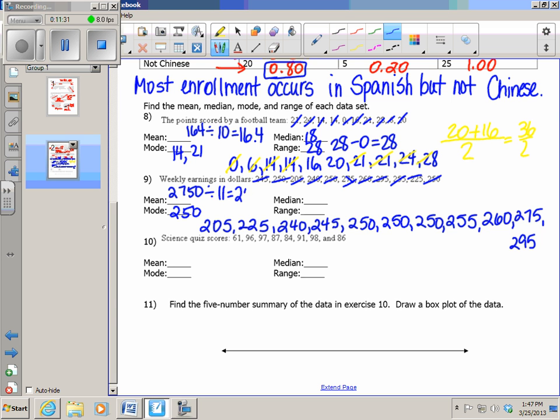And I get a mean or an average of 250. The median is the middle number. I'm going to work my way from the outside in. Puts me right at 250. And the range is when I take the 295 and subtract 205. I get 90.